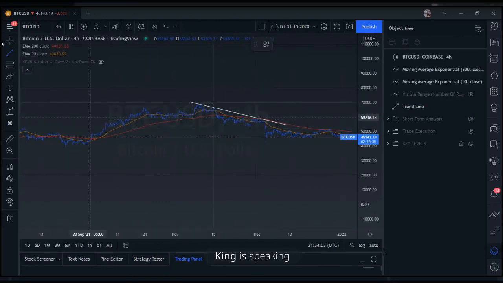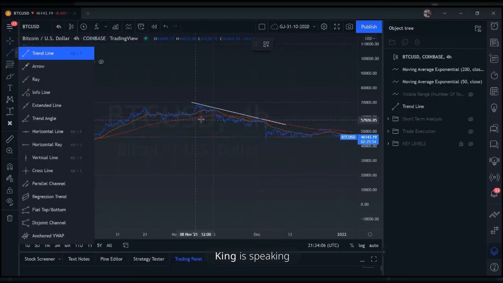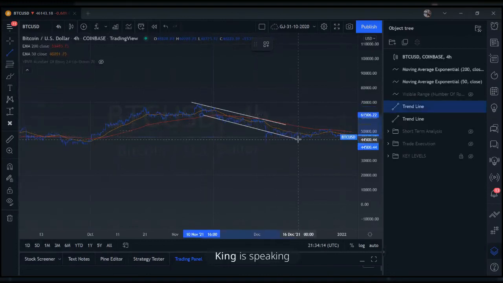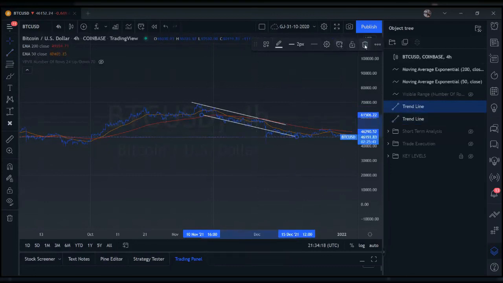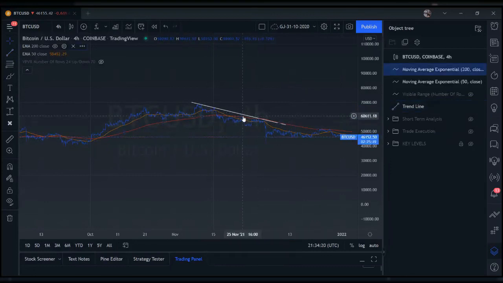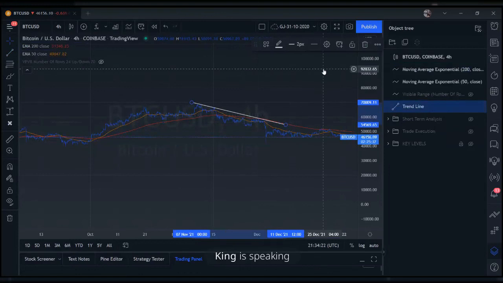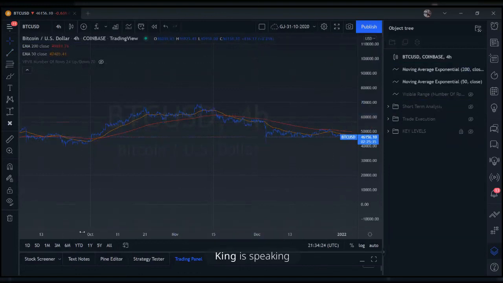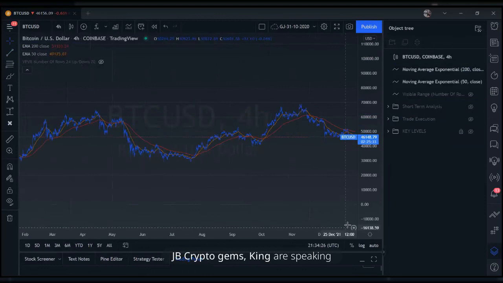So for example, this one here is a downtrend as well. But you could trend, actually no, that's a dead example. Let's look at, where are we? November 21. Let's look at March, April times.